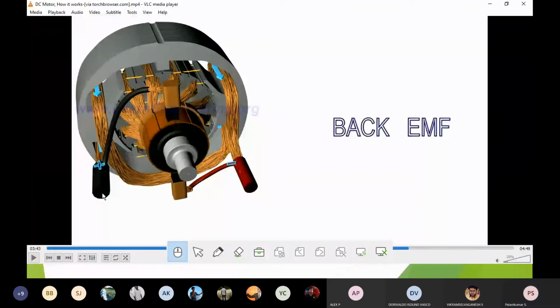Because of that, only a very low current, 1 amp or 2 amps maximum, can flow. But the armature coil has a resistance on the order of 0.8, 1, 1.2, 1.5 ohms. So if I connect it to the 230 supply, it will draw about 200 amperes of current and may burn.